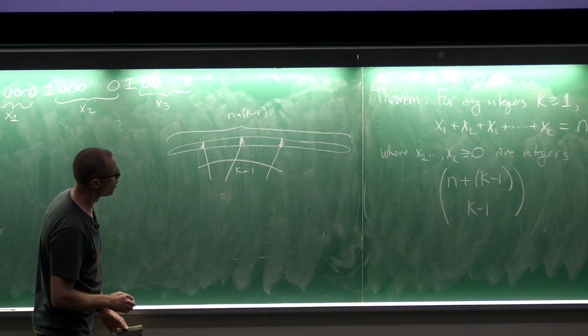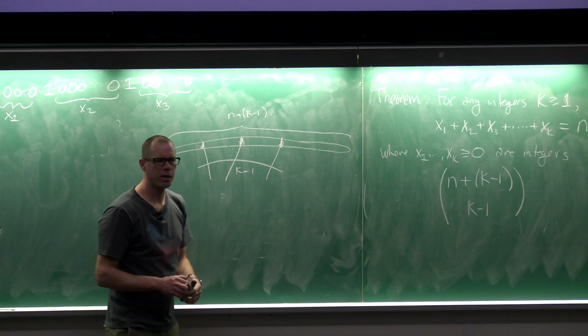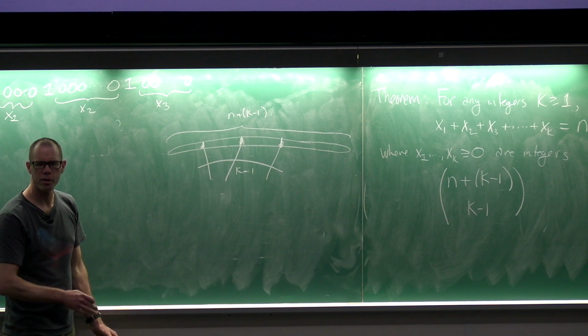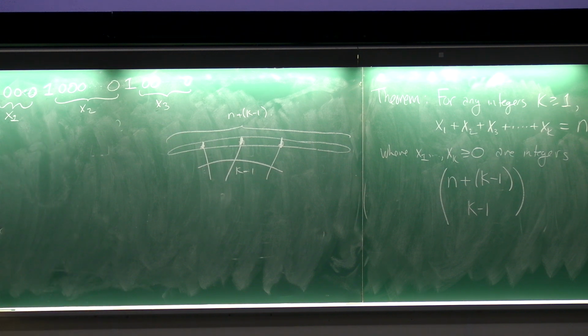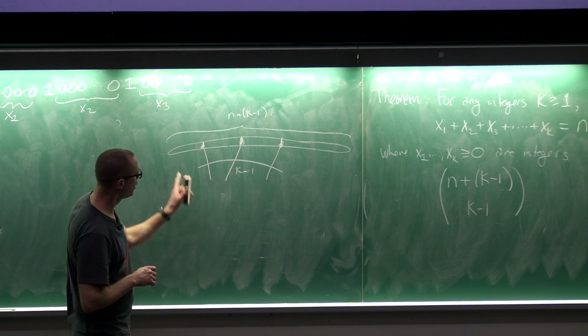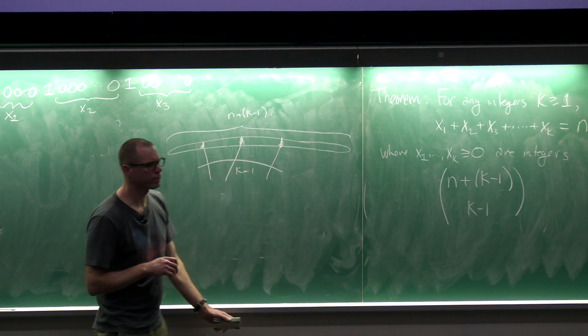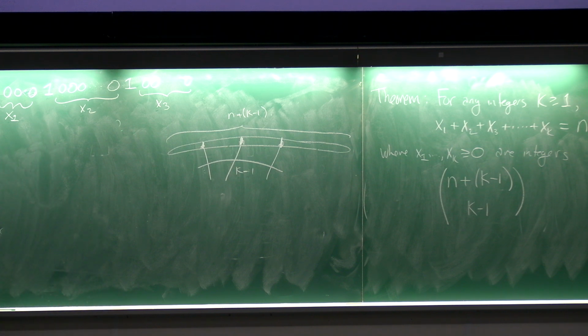Always important to remember that if I have a stick and I break that stick k times, the number of pieces that I get is k plus 1. In this case, I break the stick k minus 1 times, and I get k pieces. Is that clear?